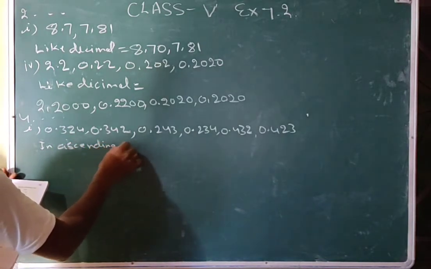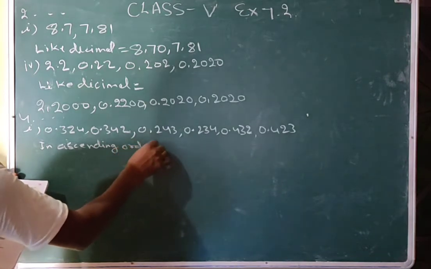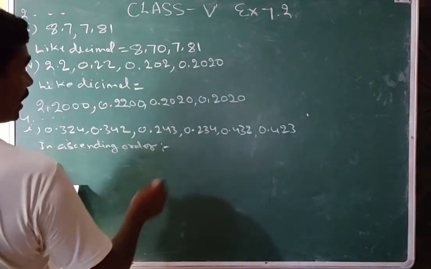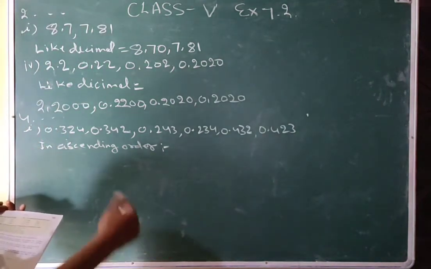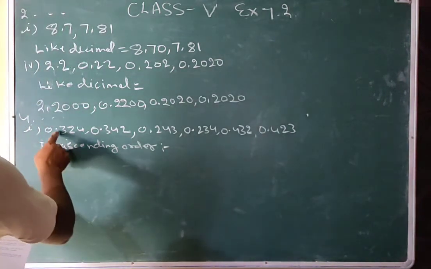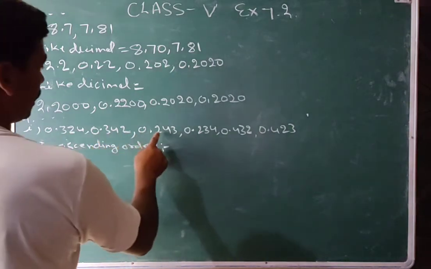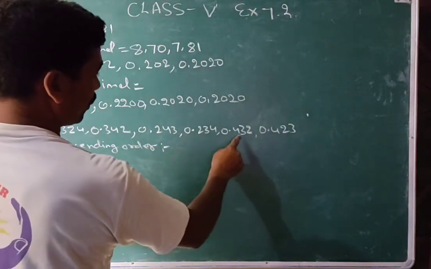Ascending order means, first of all you will write the smallest number, and at last you will write the greatest number. So after the decimal, this is 3, 3, 2, 2, 4, 4.